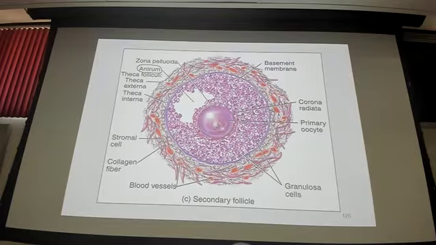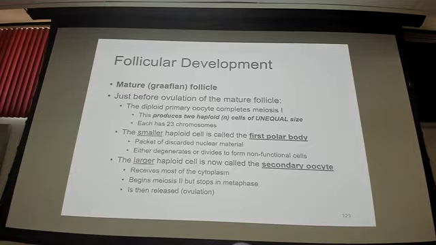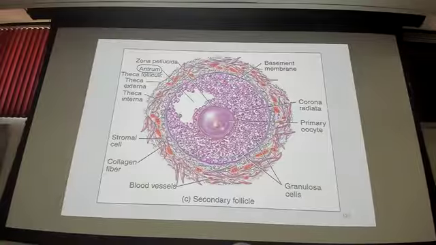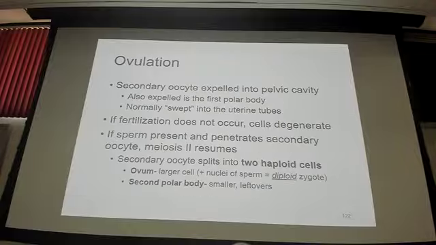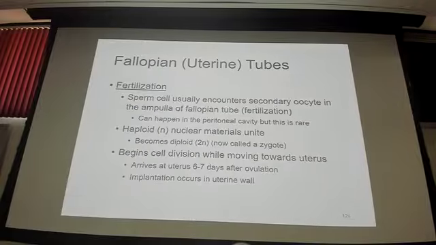Yes, sir. I just have a question back on the originally they said it was stromal cells, but then when it differentiates, so the granulosa cells are not part of the original? No, the granulosa cells are inside.